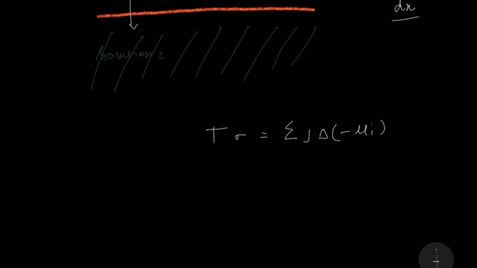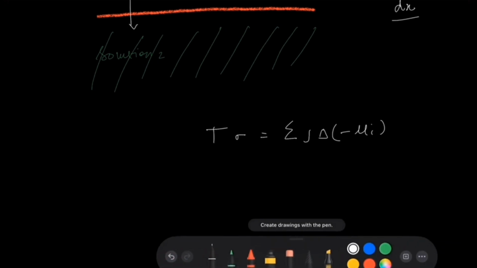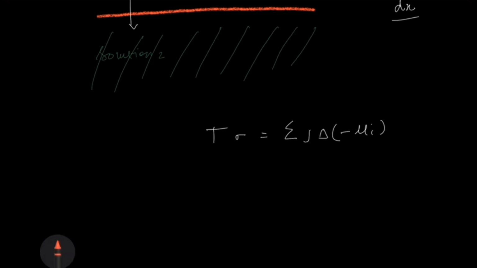Now if we take an integrated dissipation function, and we want to calculate how the membrane and the two solvents on the two sides behave, the one having medium mu1 and the other having medium mu2.